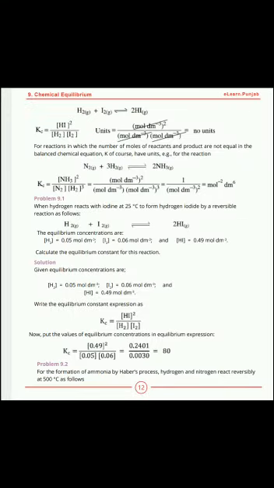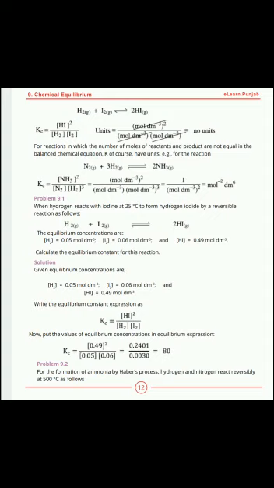For example, H2 plus I2 reversible reaction to 2HI. I hope you can write the equilibrium constant expression. Kc is equal to, in the numerator products and in the denominator reactants, by putting units. HI unit is mole per decimeter cube.